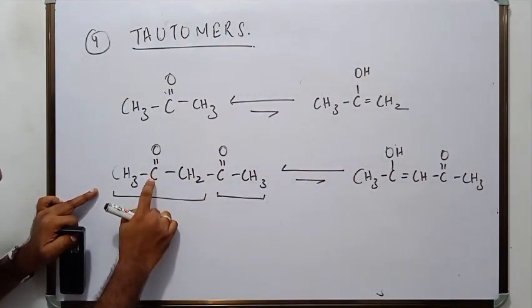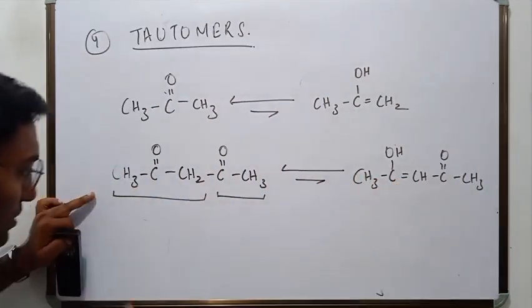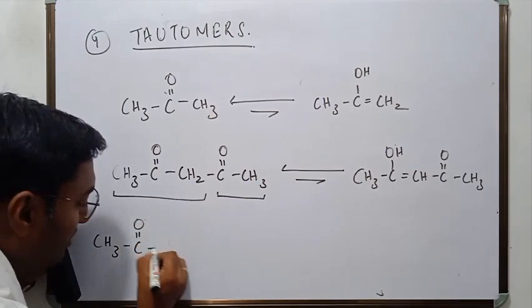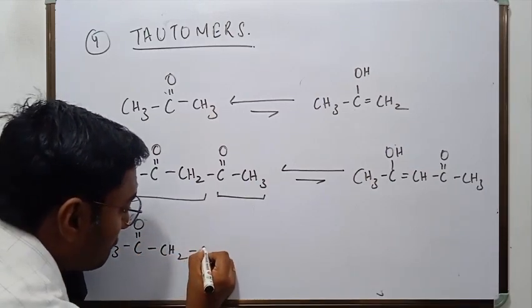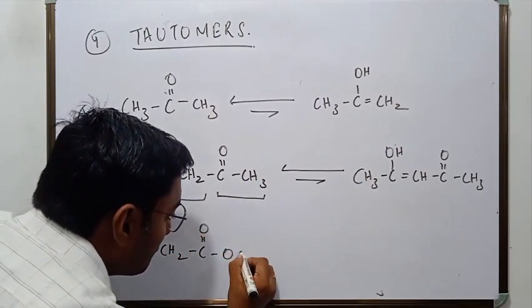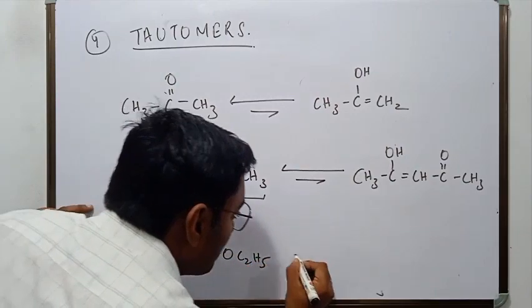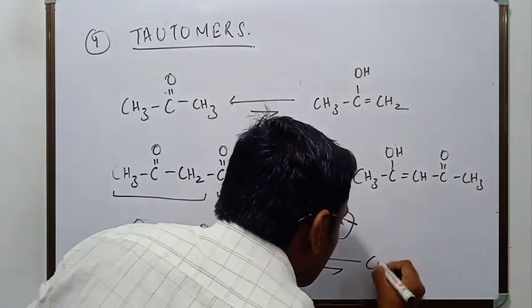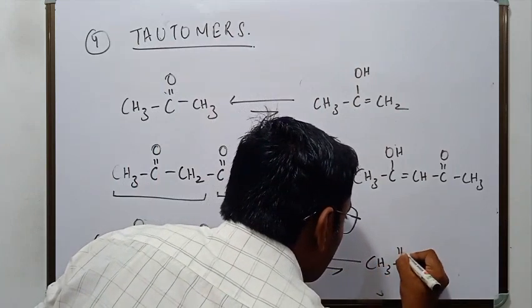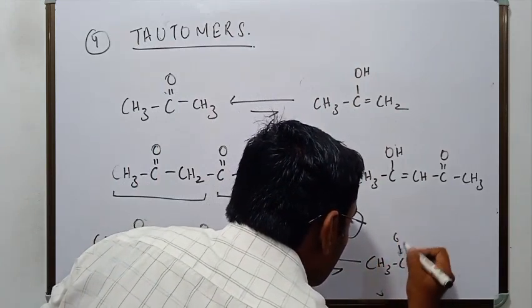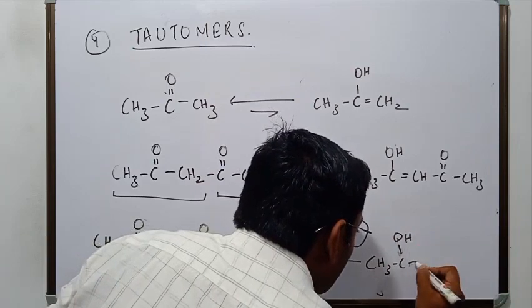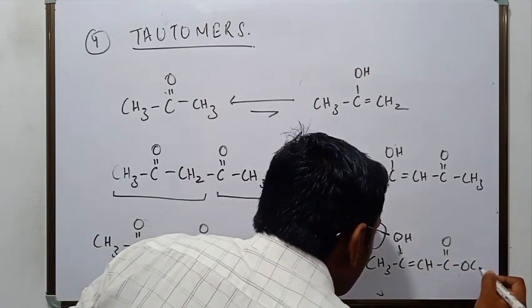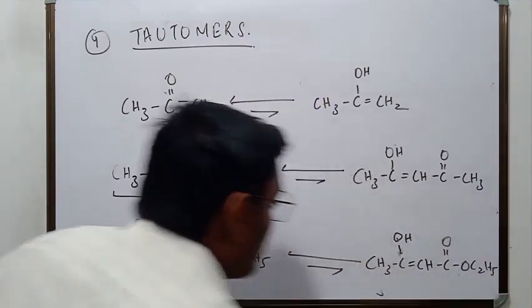This is the keto group and that is the enol group. Third example, let us see the third example.